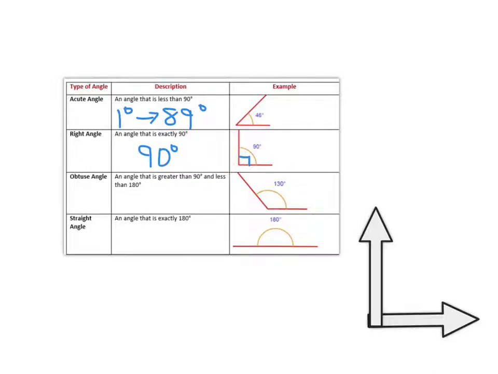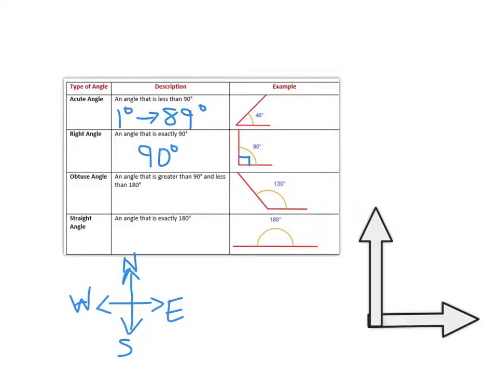Perpendicular means straight up and down, side to side, similar to when we did a compass, when we did maps, and we did north, south, east, and west. And these lines of the compass rose are perpendicular.